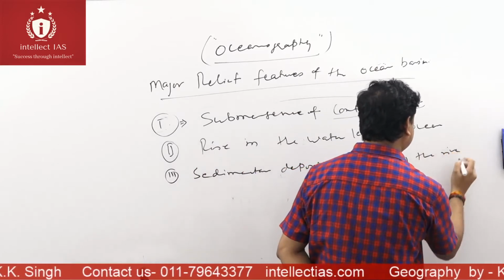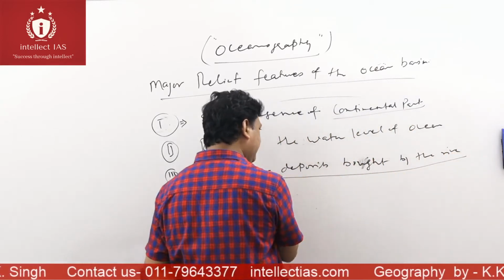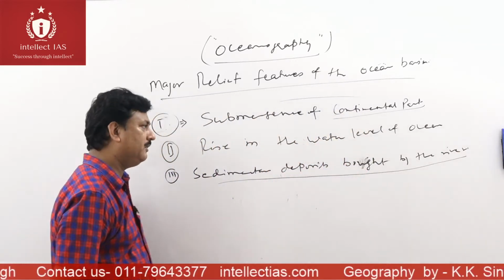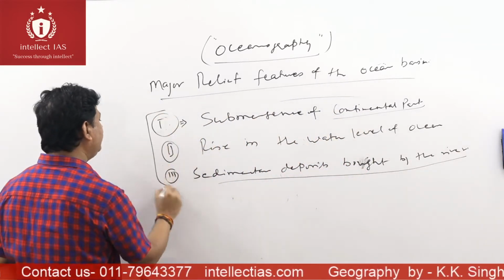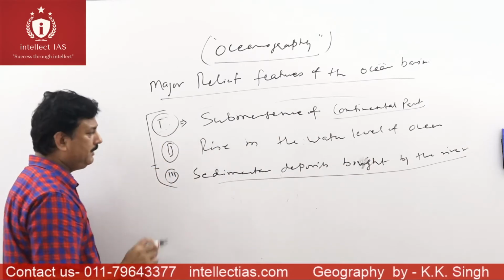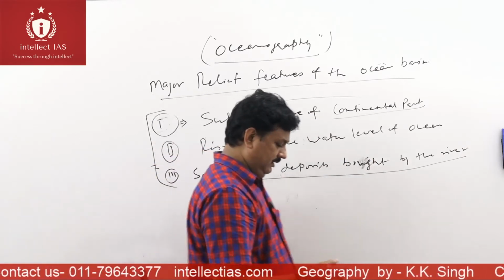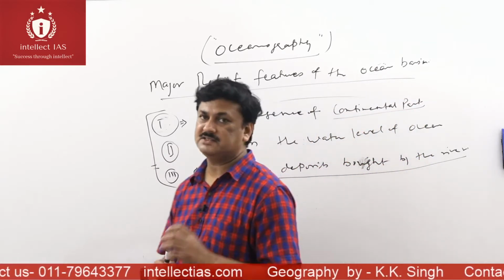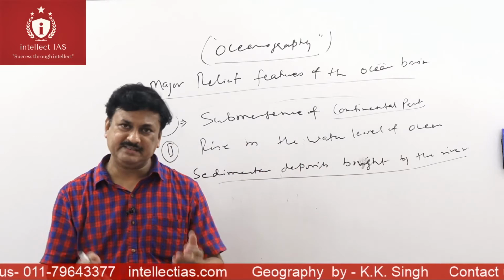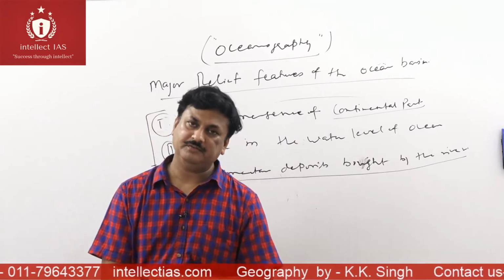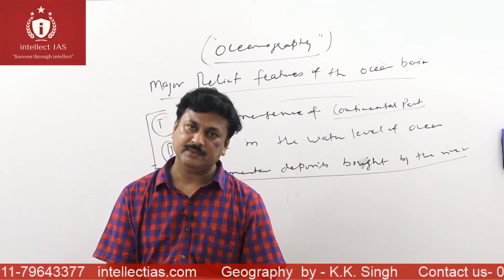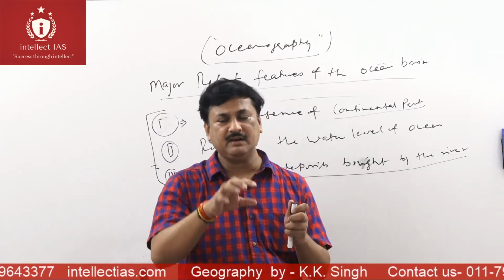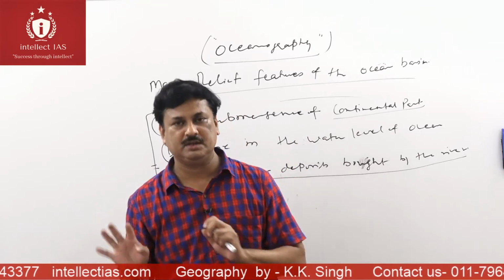Along the mouth of river, the width is more. Why? Because river brings huge amount of sediments, and that sediments are deposited at the mouth of river. Mouth of river means the coastal areas where river throws its water in ocean.